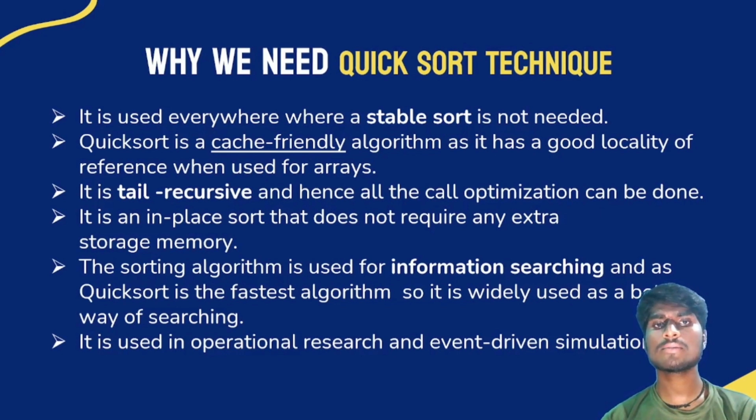It works on the divide and conquer rule, so it divides and arranges the elements, which is why it is the most popular sorting technique. Sorting algorithms are used for information searching, and as quicksort is a faster algorithm, it is widely used for better searching. It is used in operations research and event-driven simulations.